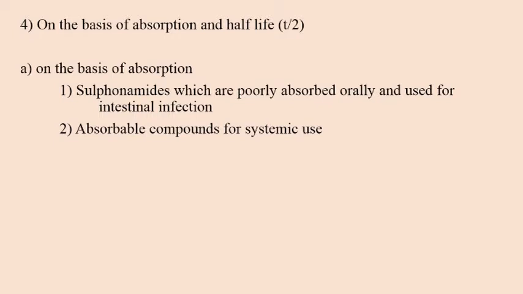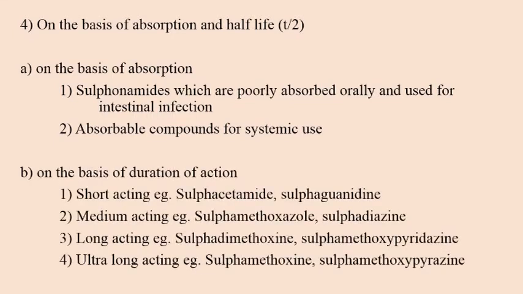On the basis of T-half, the time required for elimination of 50% of the absorbed drug, on the basis of duration of action, they are short acting, medium, long acting and ultra long acting. Then, depending on their therapeutic action.